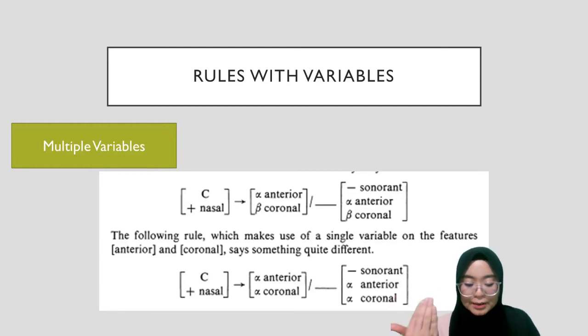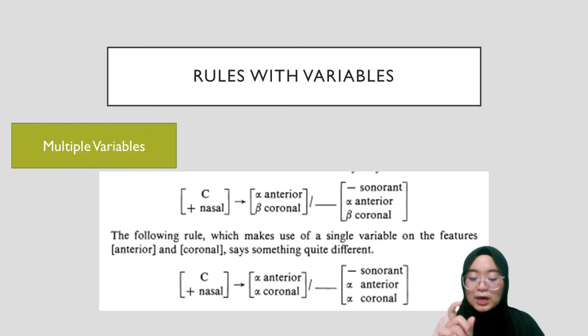It is the following rule. This rule states that whenever the obstruent has identical values for the features, for example anterior and coronal, like you see in the slide, the nasal must also have the same identical values.